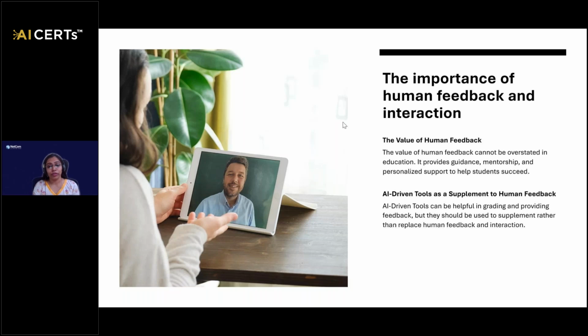So AI-driven tools act as a supplement to human feedback. These tools can be helpful in grading and providing feedback, but they should be used to supplement rather than replace human feedback and interaction. So we cannot replace educators and teachers with AI-driven tools. But of course, we can use them so that we can ease our job and utilize our time in more productive ways.